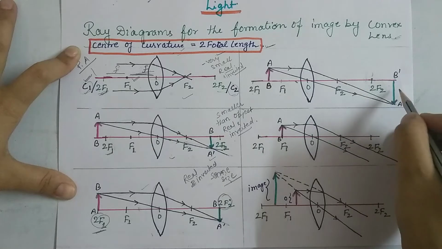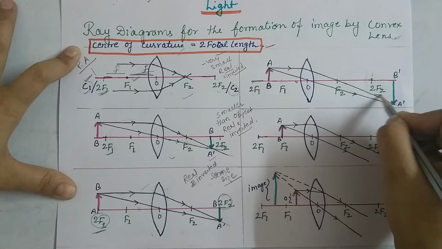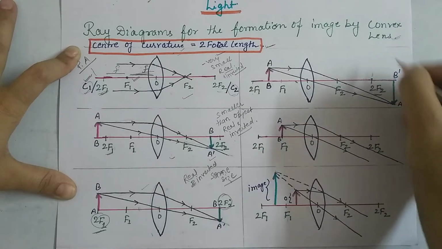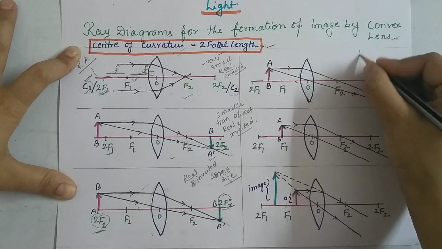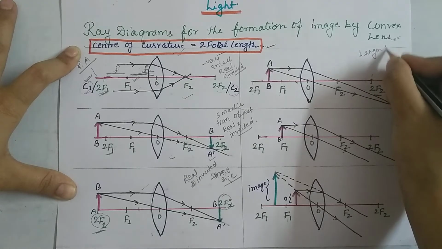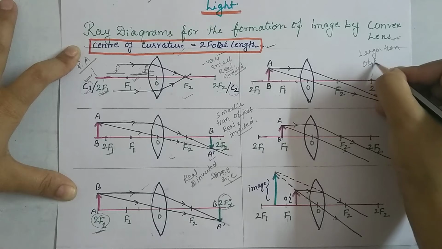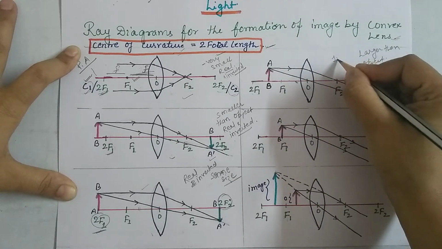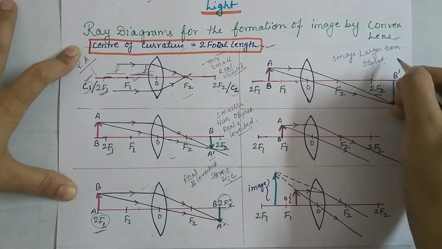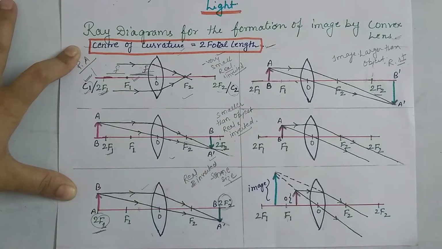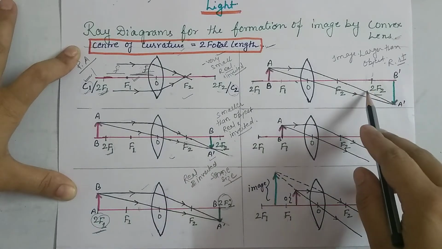Here you will find the image is formed beyond 2f2. The image is larger than the object, and it is a real and inverted image, beyond 2f2.